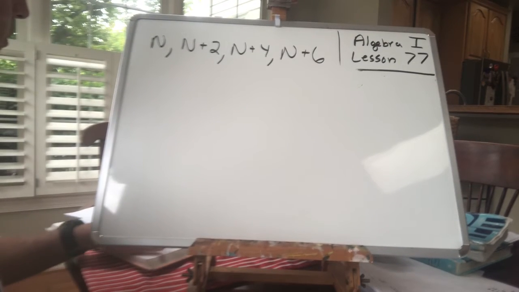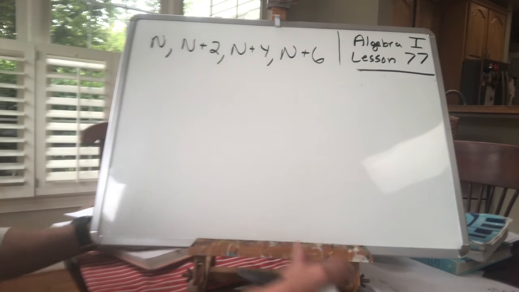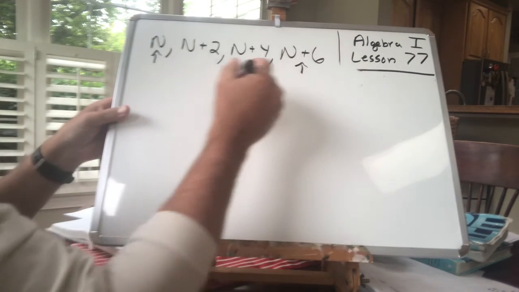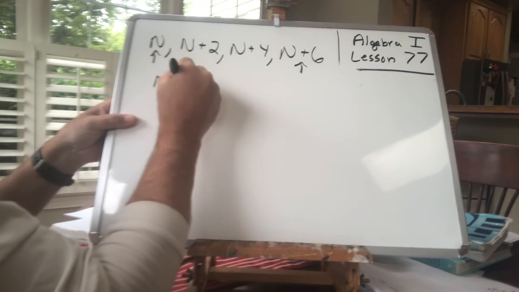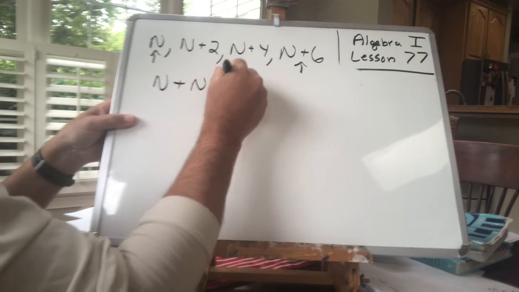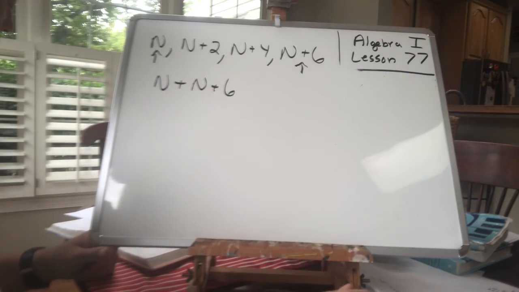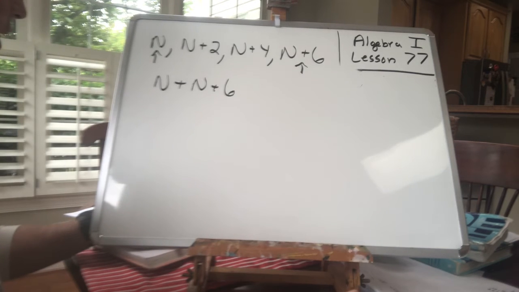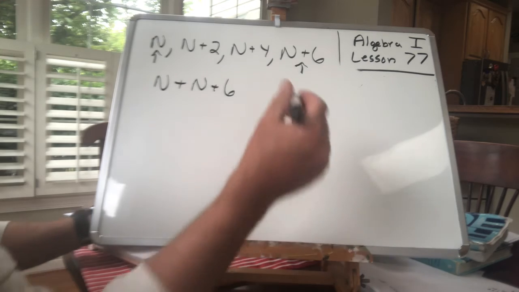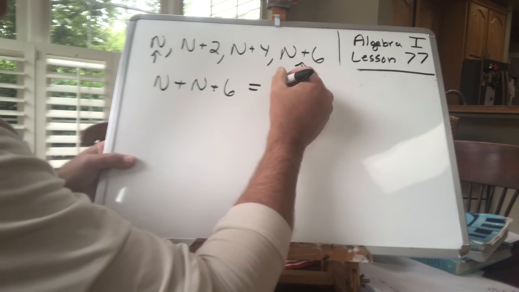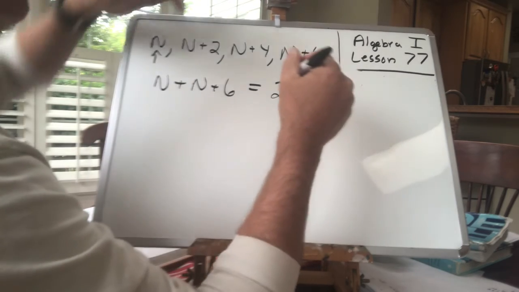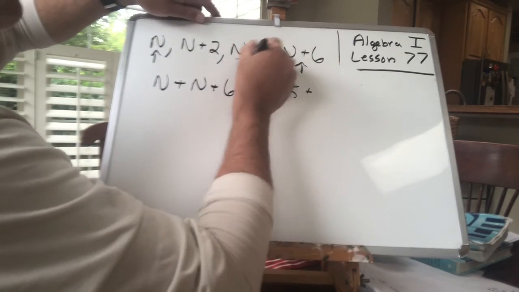So find four consecutive odd integers such that the sum of the first and fourth, so here's the first and here's the fourth, n plus n plus 6, is 25 greater than the opposite of the third, which is this one right here.